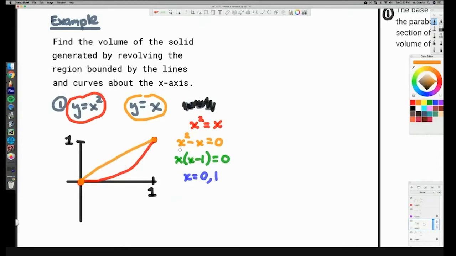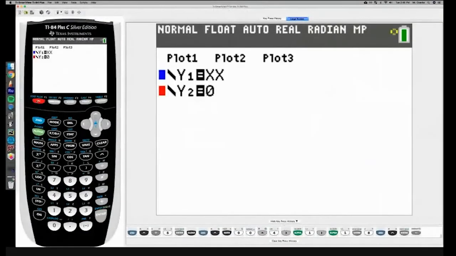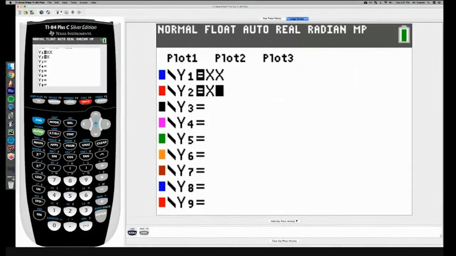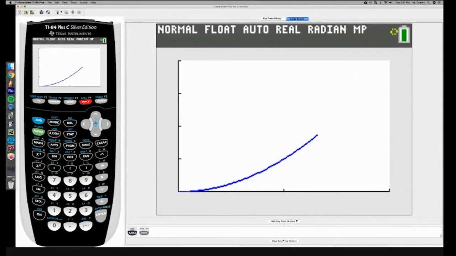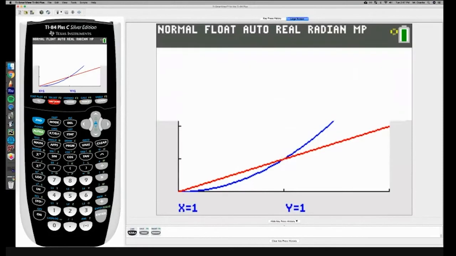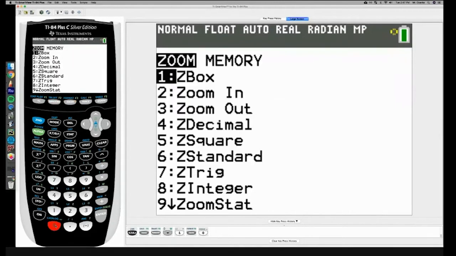Say you didn't want to do all this math, you can just use your calculator. You could have really just guessed and checked as well. Now, this one went to 2, even though it intersects at 1. So I can change my window so the x max is 1, and then do zoom 0, and it fits it to the screen.